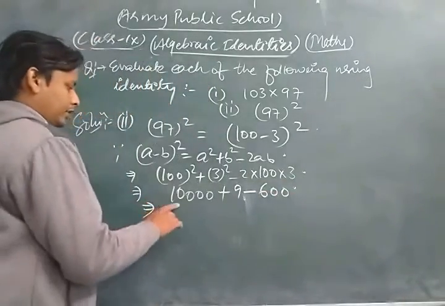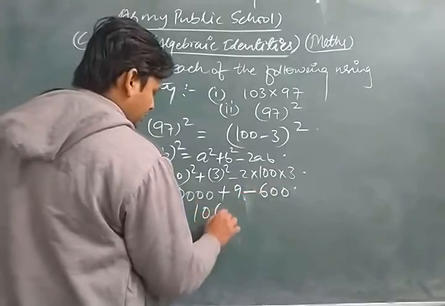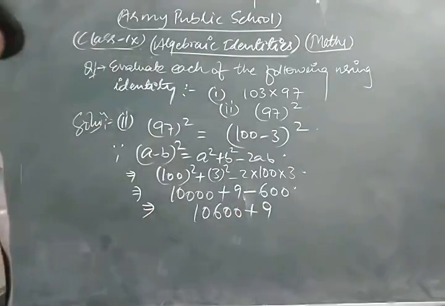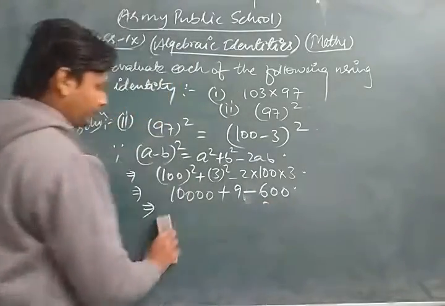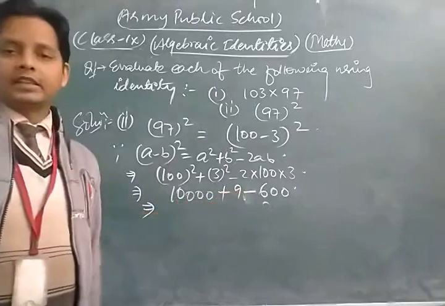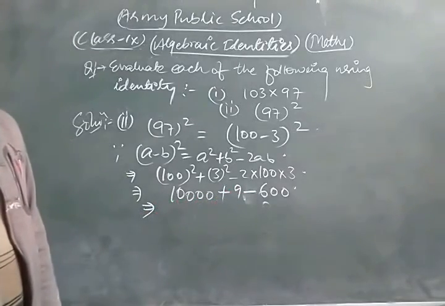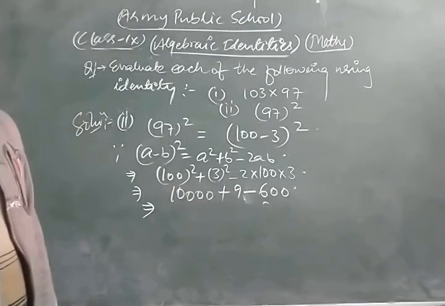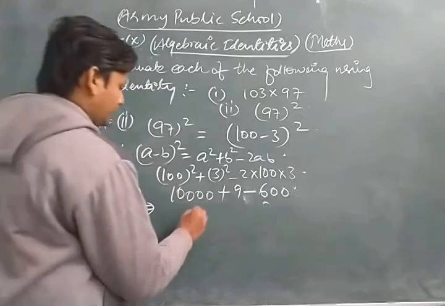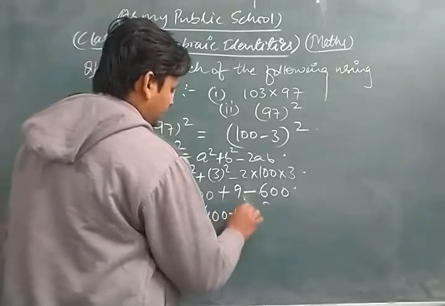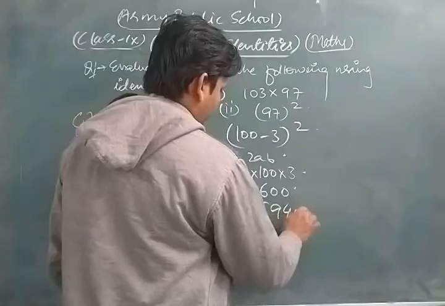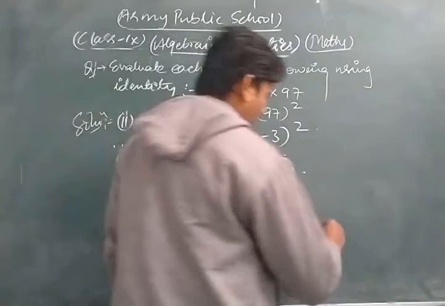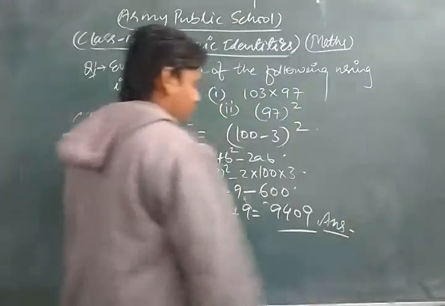Now first, we subtract 10,000 minus 600, which is equal to 9,400. 9,400 plus 9 is 9,409. This is the required solution of the given question.